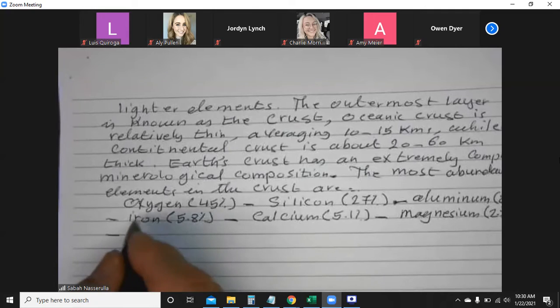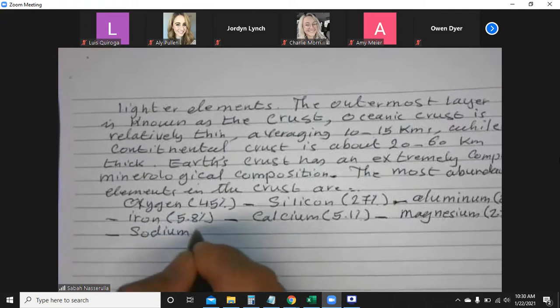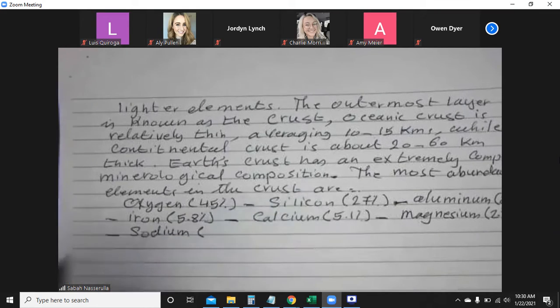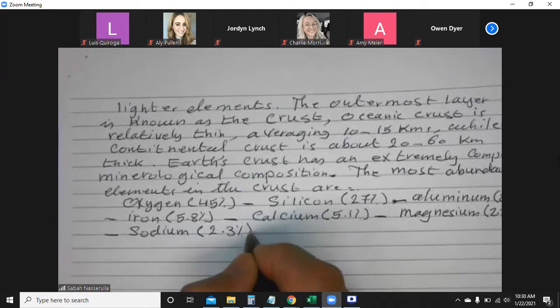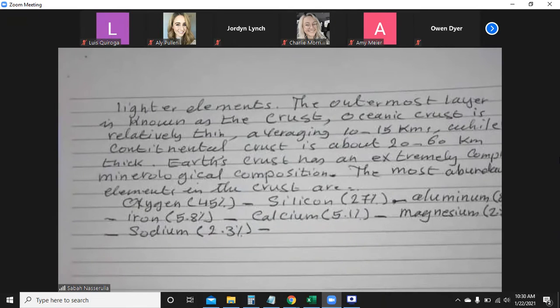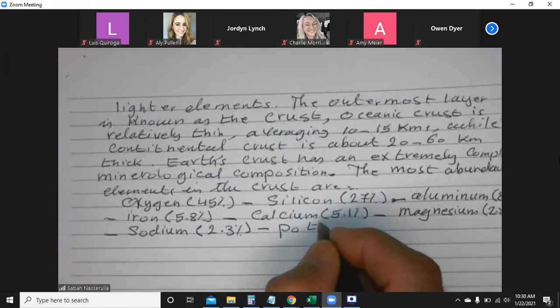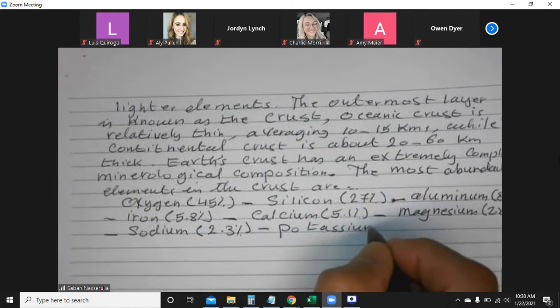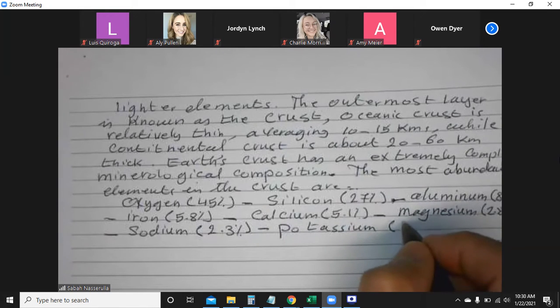Then we have sodium, which is about 2.3%. Potassium, which is about 1.7%.